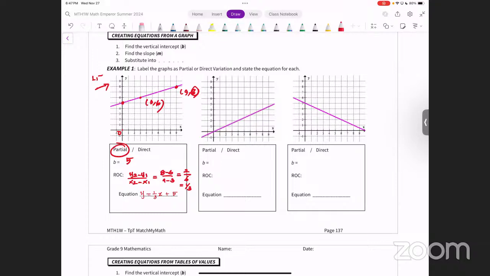Do we have to do both questions? Yeah, both questions. Can I use the bathroom? Yep.